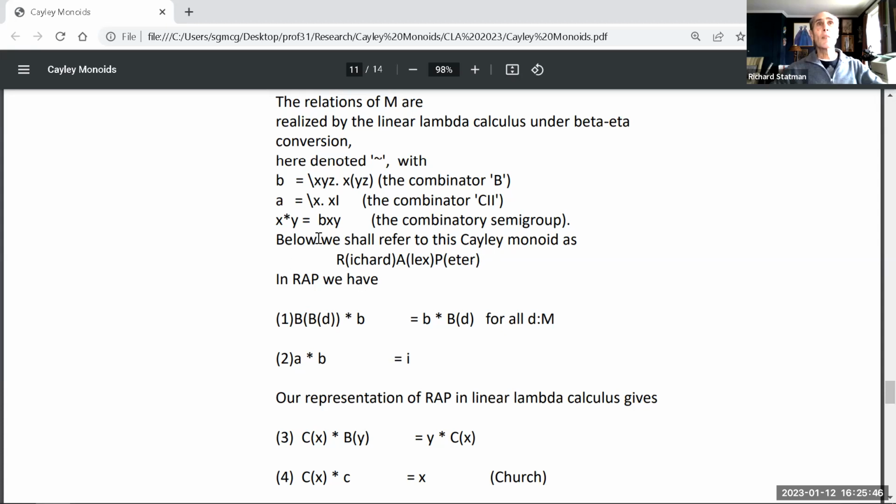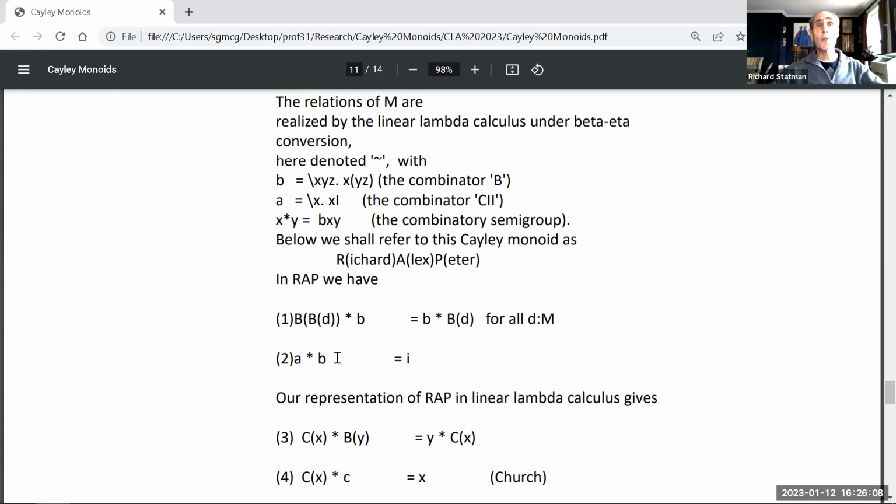Below we shall refer to this Cayley monoid as RAP: Richard, Thompson, Alec, Peter Fried, and Alec. So in RAP we have these two axioms.